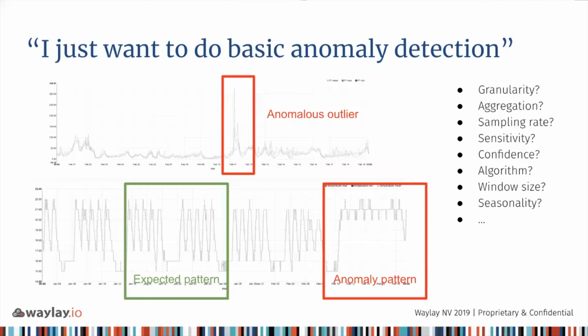It could be, for example, a temperature sensor that measures the temperature, and the temperature during the day goes up and down. So you have a so-called seasonality pattern there. And it could be that in some cases, this pattern does not repeat itself. So that's another type of anomaly, right? And there might be another type of action that you want to assign to that specific anomaly, right? And I'll give some nice examples in the rest of the presentation.